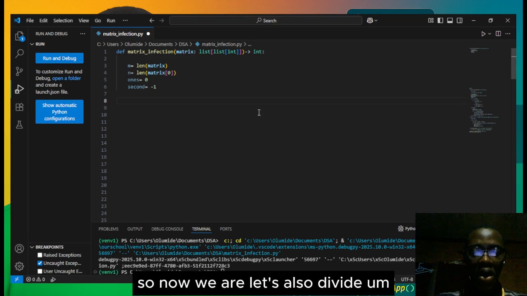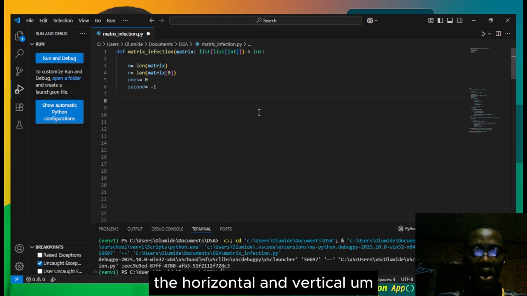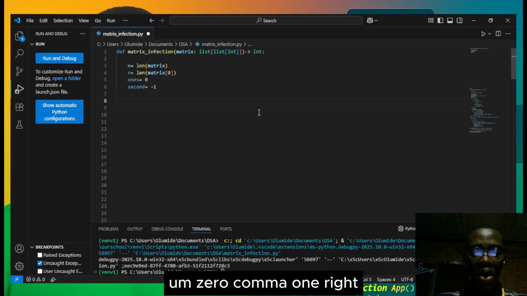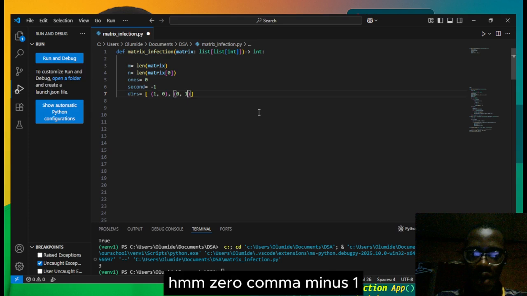Now let's also define our DIRS, which is going to represent the horizontal and vertical neighboring cells. We're going to set it to (1,0), (0,1), (0,-1), and (-1,0).